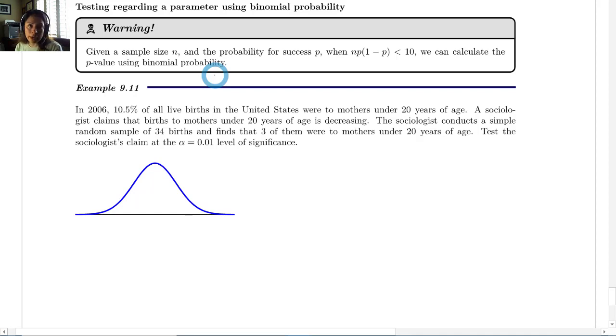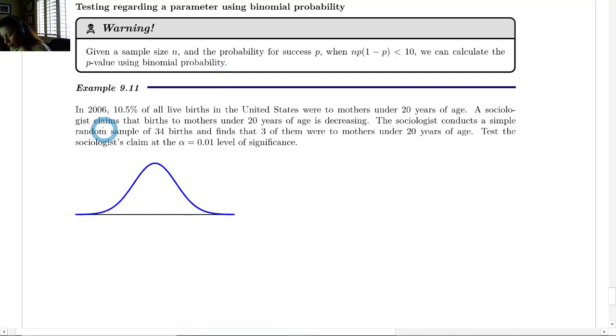We have to throw our hands up and start over and grab better samples. But with proportions, we have a solution. No matter if that product is greater than or equal to 10 or less than 10, we have a way of completing our hypothesis test, which is really valuable and less time consuming.